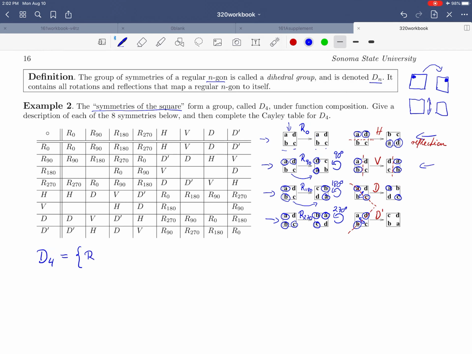I have my rotations: R0, R90, R180, R270, and then I have H, V, D, and D prime. Those are the 8 elements in this group. So we have 4 rotations and we have 4 reflections.